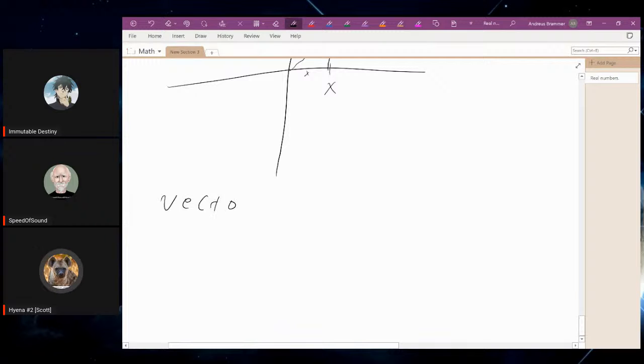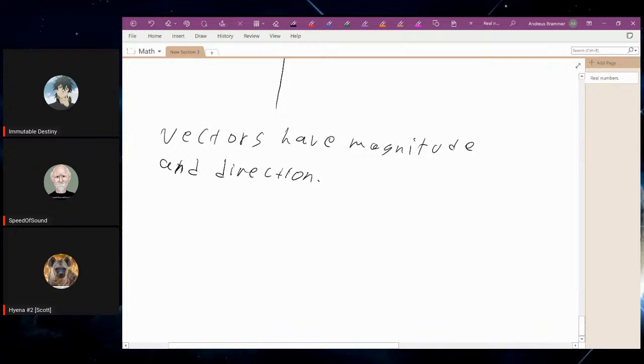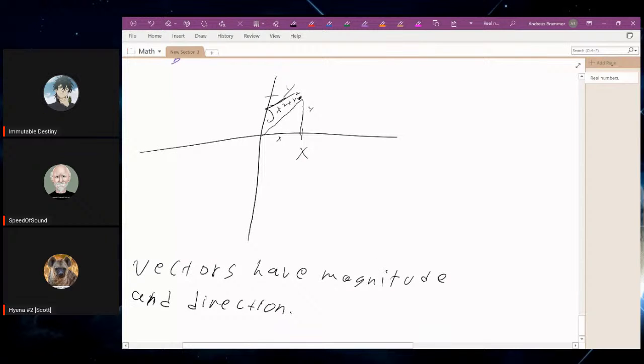Because why? Well, vectors, first of all, I hope Tangelo's listening. Right. So vectors have magnitude and direction. Yep. The way we depict that actually is with an arrow.